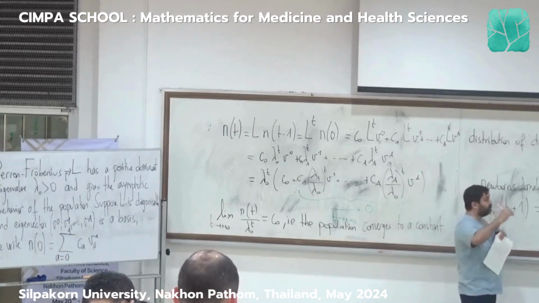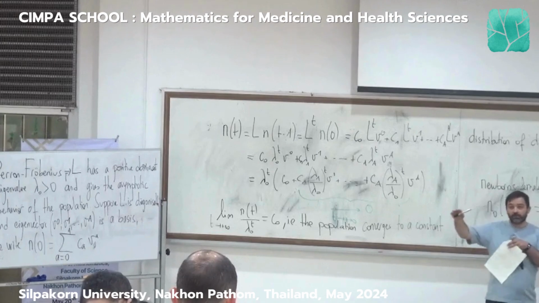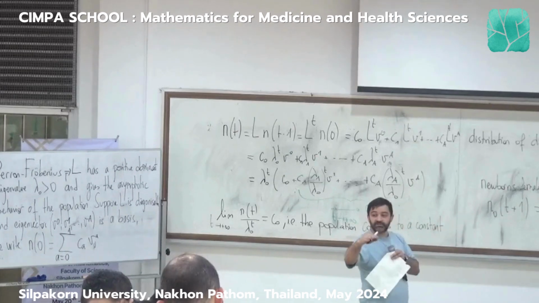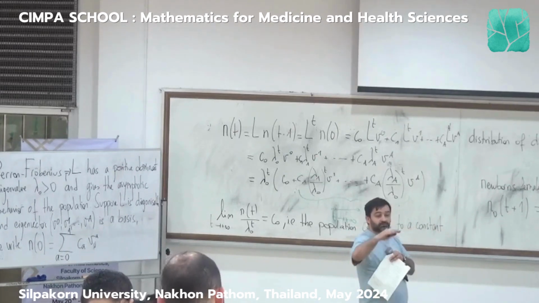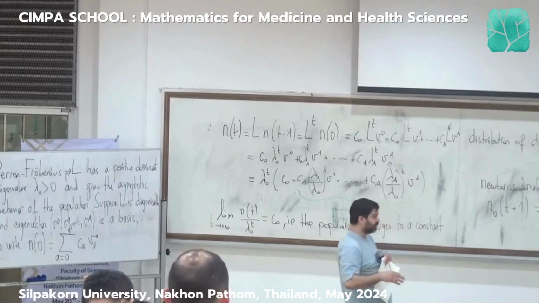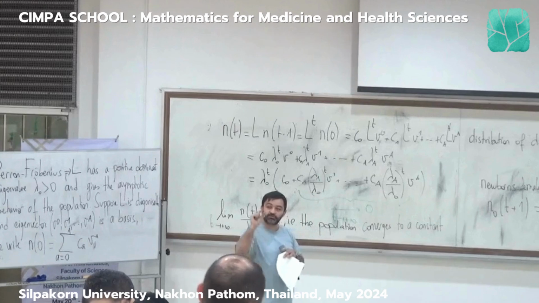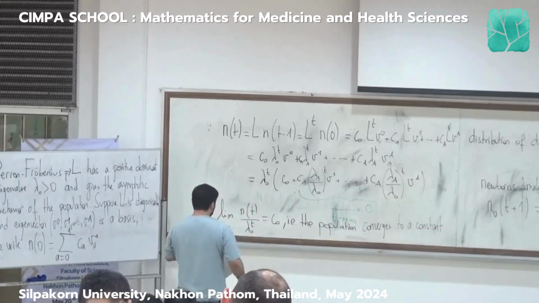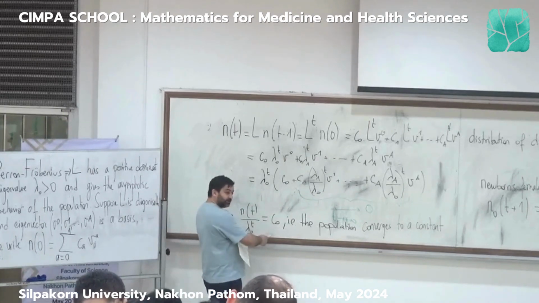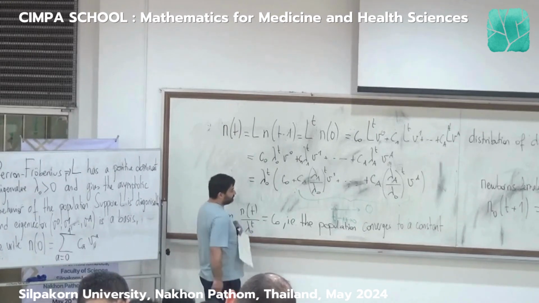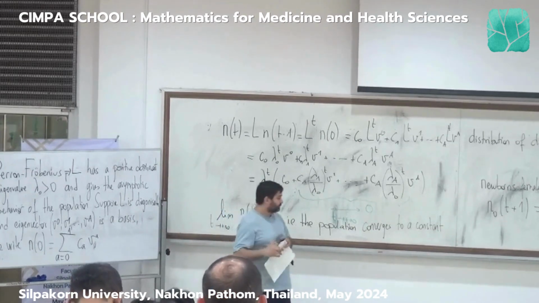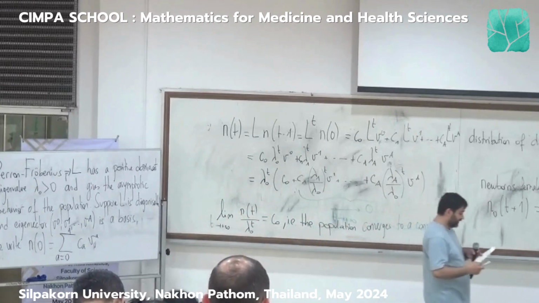For each age, I know, okay, we have 10% of the population newborn, 21, 5, 2, etc. Without computing anything, just knowing the greatest eigenvalue. Of course, you don't know this constant, but it's not a big deal. You know the distribution. I'll show you the computation.